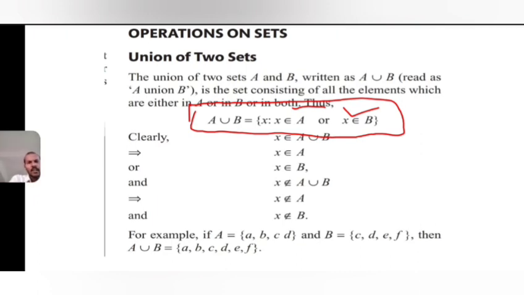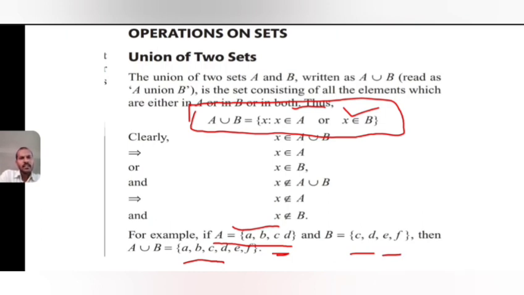For example, if A equals {a, b, c, d} and B equals {c, d, e, f}, then A union B equals {a, b, c, d, e, f}. C, d is common here, so we do not repeat this term; we write it only once. a, b in the first term, c, d is the common term written only once, and e, f.